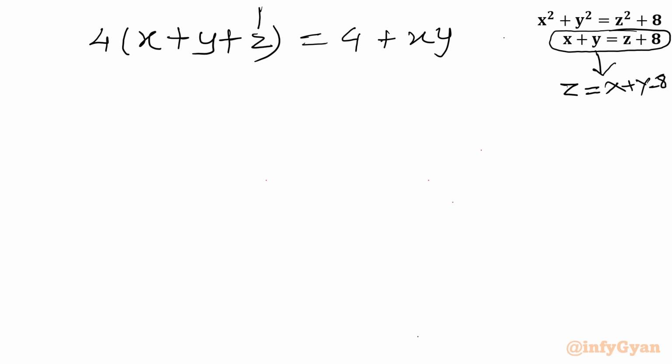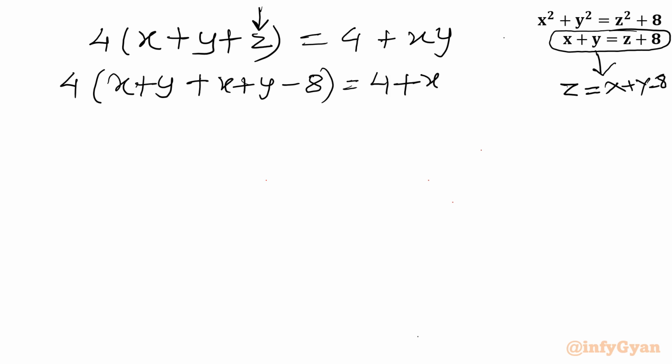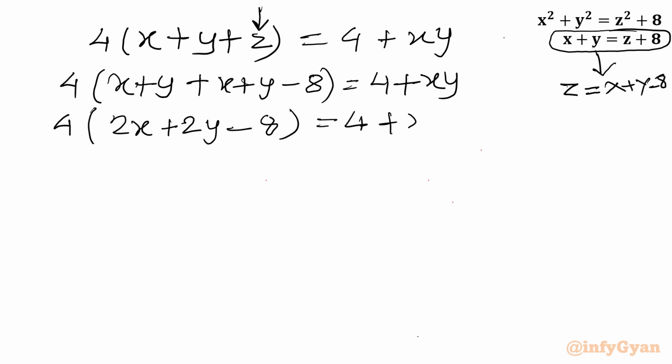So let us put this value here. I will write 4 times x plus y plus x plus y minus 8 equal to 4 plus xy. So I can write further 2x plus 2y minus 8 equal to 4 plus xy.